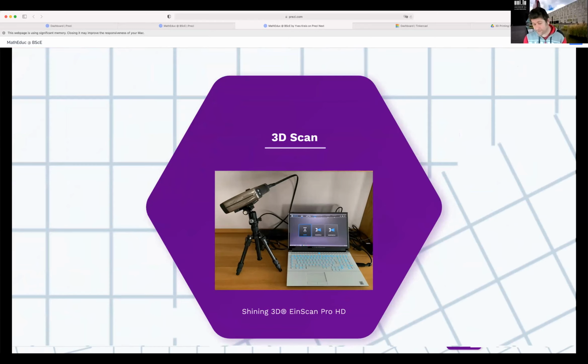So we acquired also a quite performant 3D scanner, and we are working together also with IFA, and we are trying to find out how this design process can be fastened using scanning, which is not so easy as it sounds at the beginning.